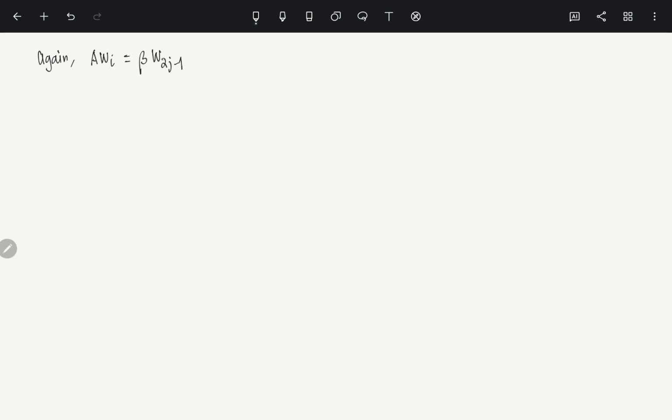It is beta times W_{2i-1} plus alpha times W_{2i}. So this you have to check yourself. Clear? Now we define a map, define T, such that T of e_i is nothing but W_i.